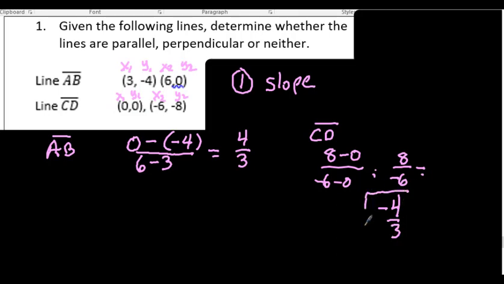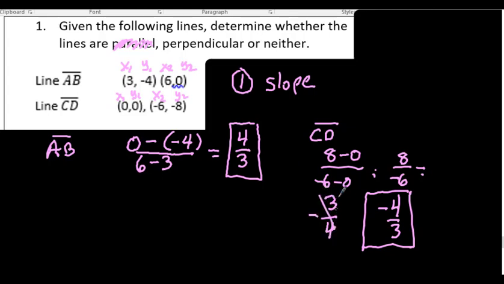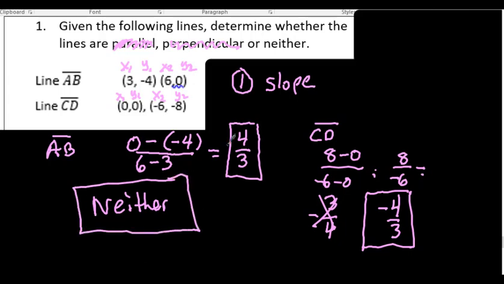So in this case, I got a -4/3 and a +4/3, which are not the same, because one's positive, one's negative. So they're not parallel because they're not the same. They're not flipped upside down. In other words, if one's 4/3, the other would have to be -3/4. It's not -3/4, so it's not perpendicular. So therefore, the answer is that they are neither parallel nor perpendicular.